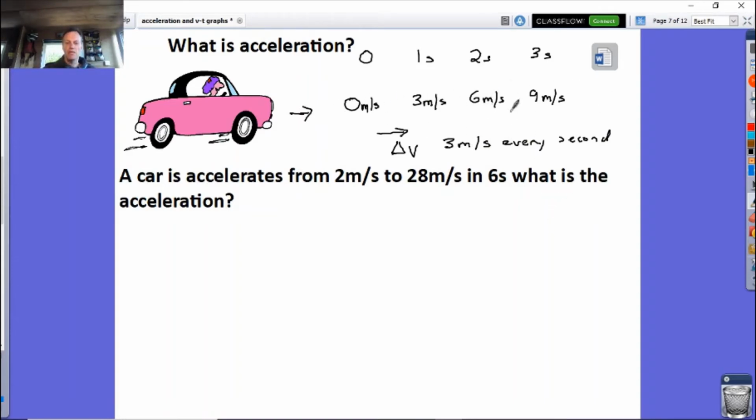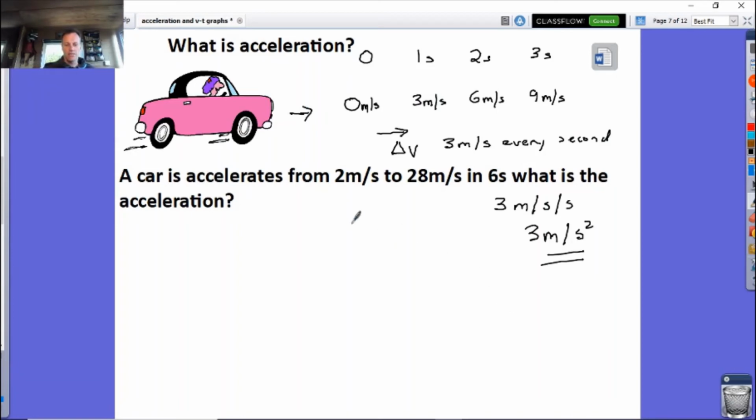Therefore, she has an acceleration of 3 meters per second squared. And that's where this weird unit comes from. Her speed is going up by 3 meters per second every single second. If it was 6 meters per second squared, it would go 0, 6, 12, 18.